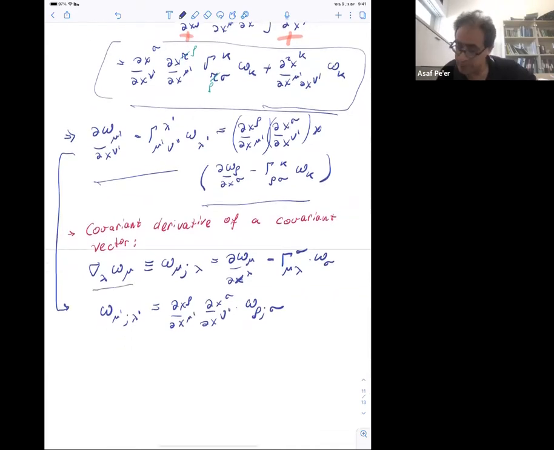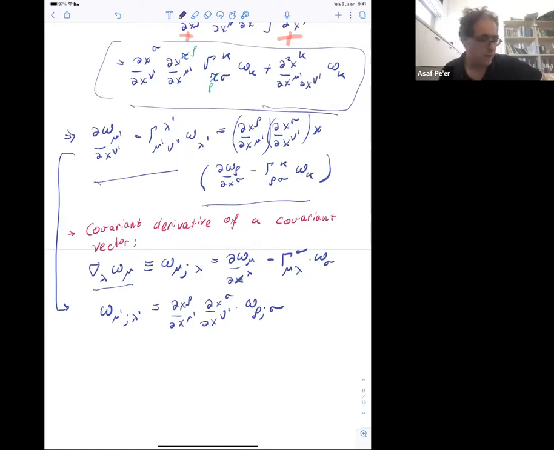This is a 0-2 tensor. Which is what we wanted. We find an operator that, again, reduces to the regular partial derivative in flat space-time, and transforms like a tensor.